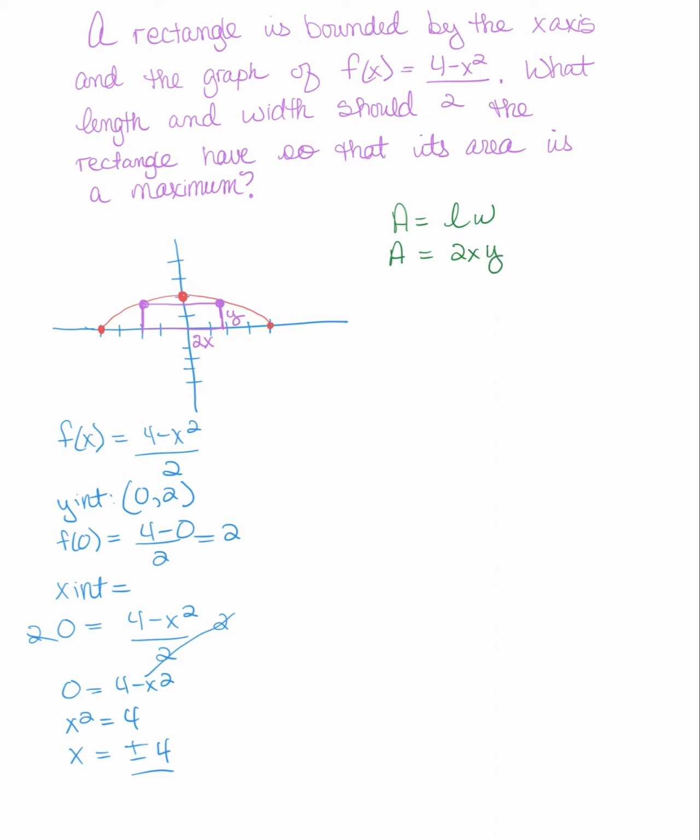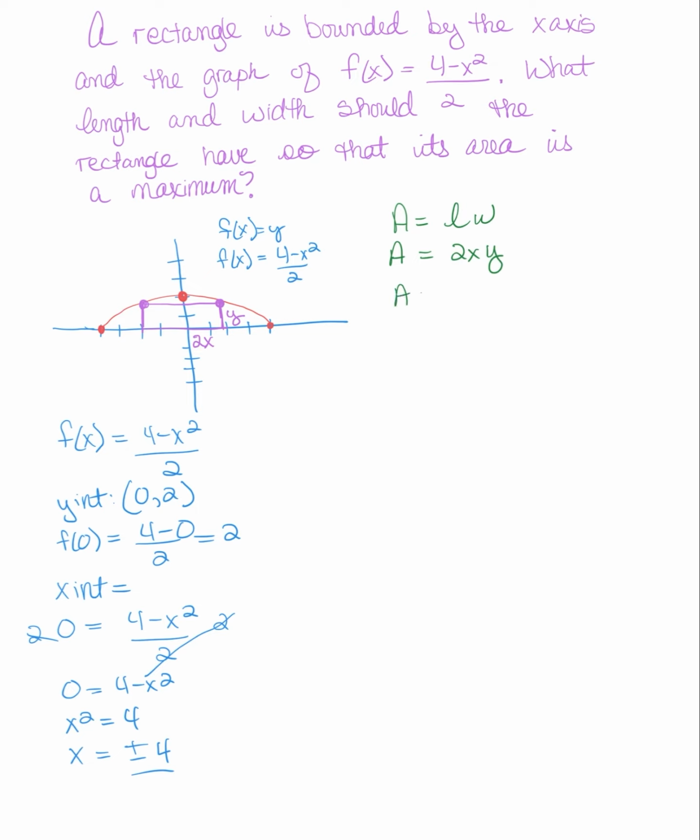Here we have found ourselves again having two variables, and we only want one variable, but we're given a constraint equation. And if you recall, f of x is the same thing as y. So we have f of x equals 4 minus x squared divided by 2. So we can plug that in.